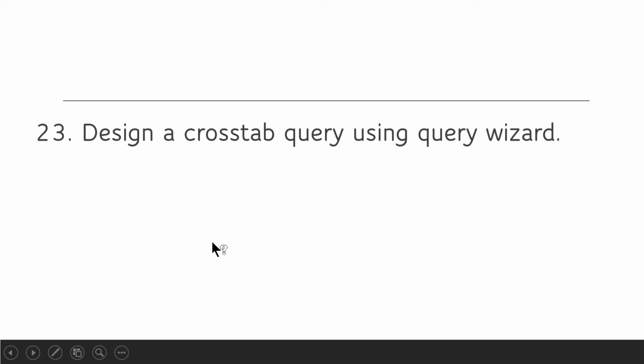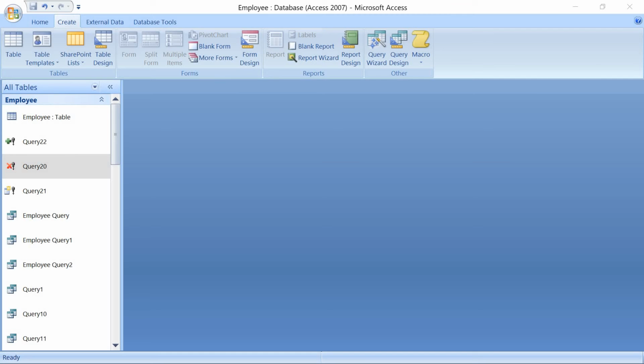Now the last query is based on cross-tab query here. Cross-tab query is one of the special type of query which is mainly used for analyzing and summarizing the data here. And here comes out with a question, design a cross-tab query using Query Wizard. Now we will see the practical part of cross-tab query here.